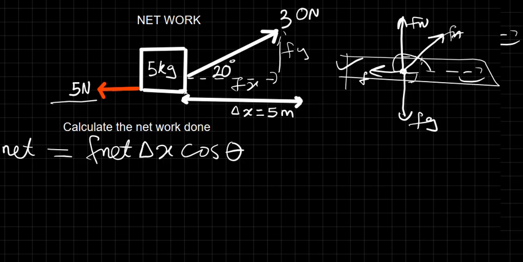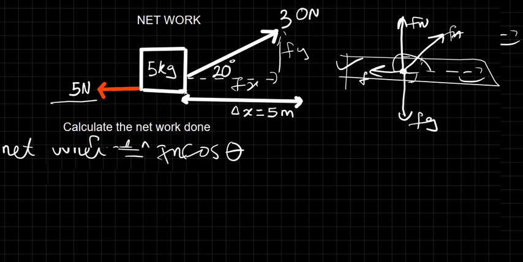So we consider the force in the x direction, the horizontal direction. Therefore, to calculate that force, we are going to get 30 cos 20.